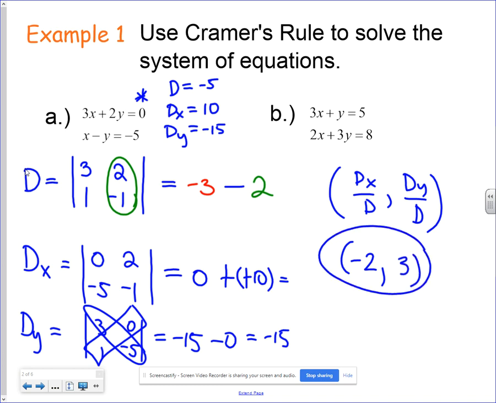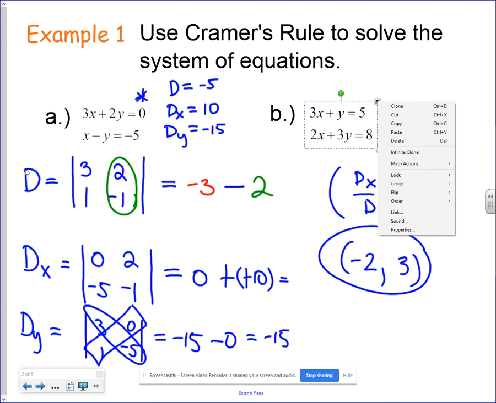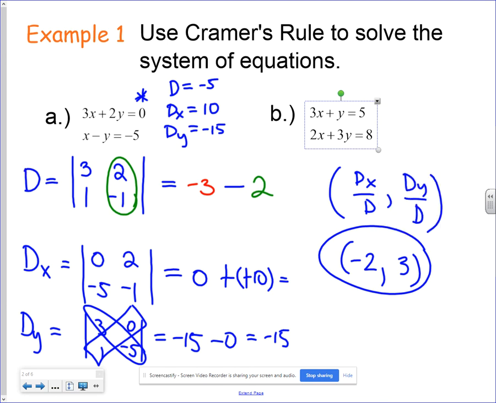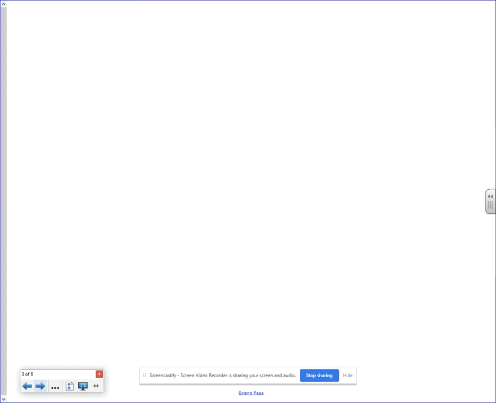So the solution to this system is the point -2, 3. Okay, questions? All right, so let's look at the next one. Let's do one more example here.